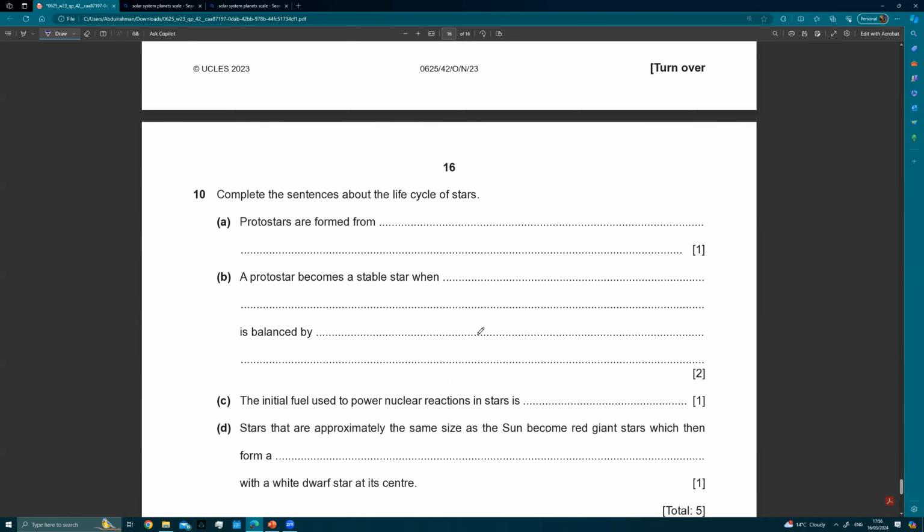Okay, last question. Complete the sentences about the life cycle of a star. So protostars are formed from clouds of gas and dust, or what we call nebula.